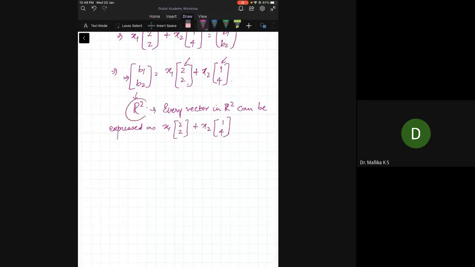Now, what did we say about R2? Is R2 a vector space? Yes, R2 is also a subspace.